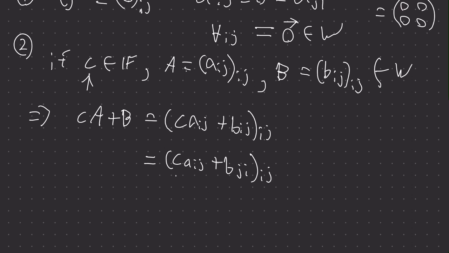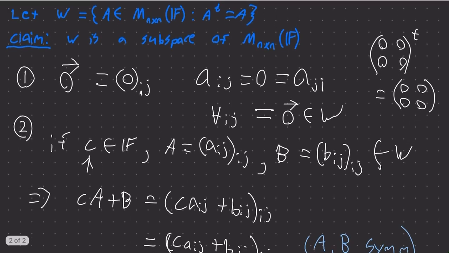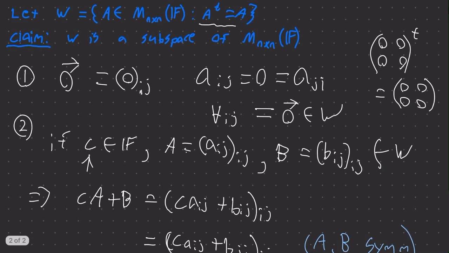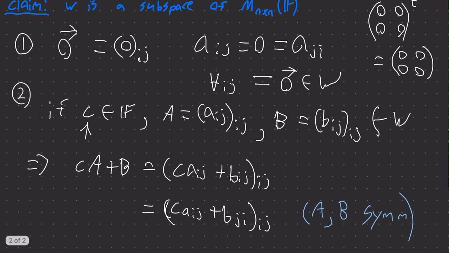Right here, we are putting in the transpose of B. And this should equal the same thing because A and B are symmetrical, because of the definition up here where we had A transpose equals A. Everything in the vector space has to abide by that rule, so A_ij or A_ji will equal the same exact thing.